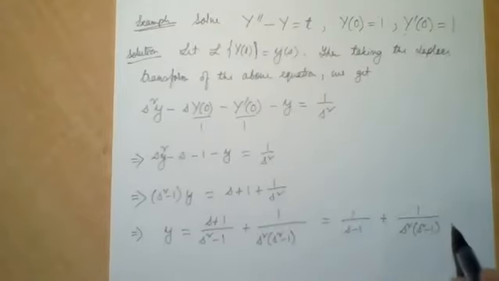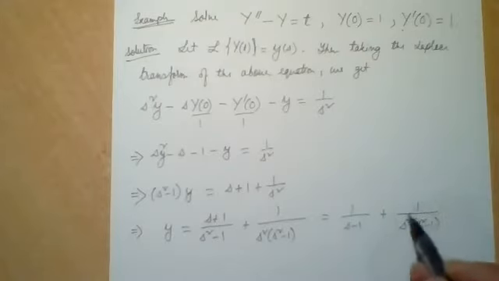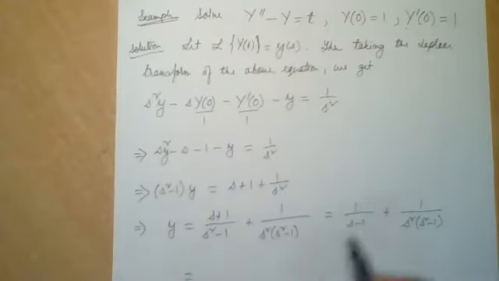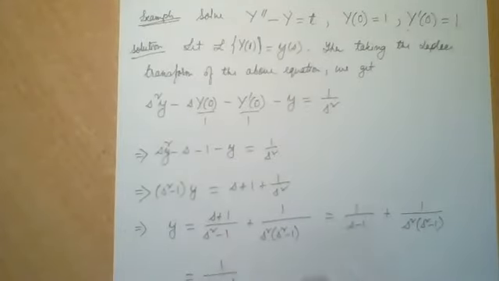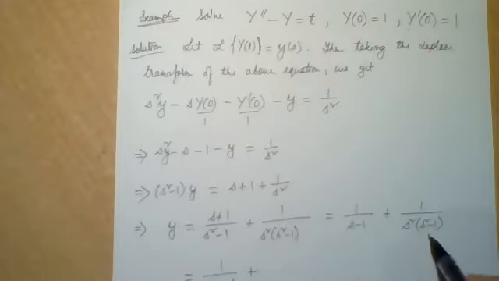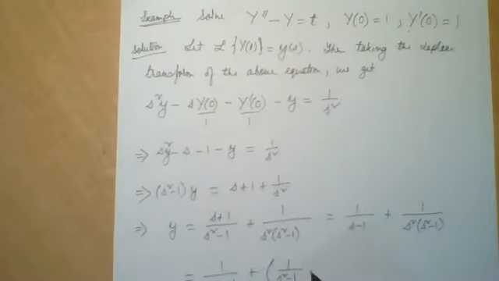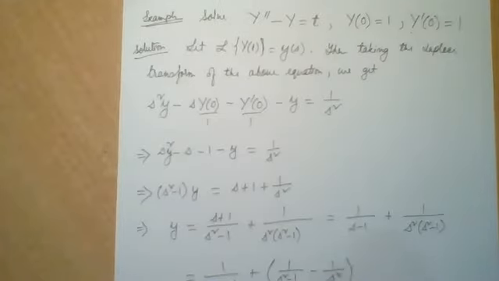This second term, we can use partial fractions to write it as a sum of two terms. So this is 1 by s minus 1 plus this term, which can be written as a sum of two terms, that is 1 by s square minus 1 minus 1 by s square.